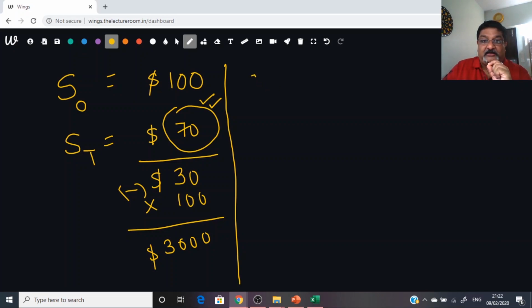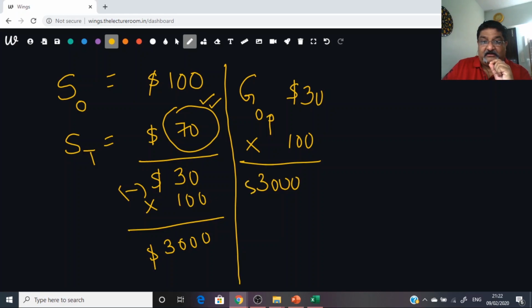So you gain on the options by $30, right? Multiplied by 100, so that is $3,000 of gain, minus your option premium of $1,000, which we have already discussed. So your net gain on the put options is 2,000.